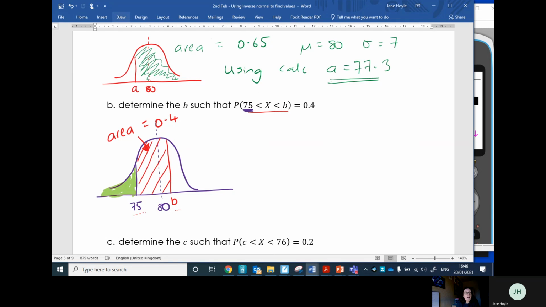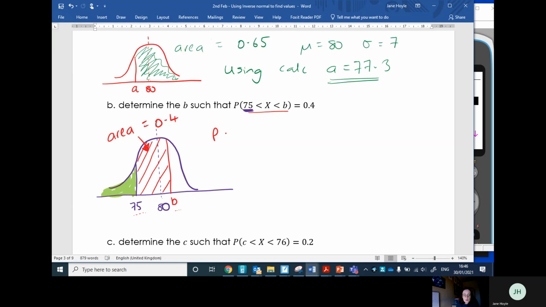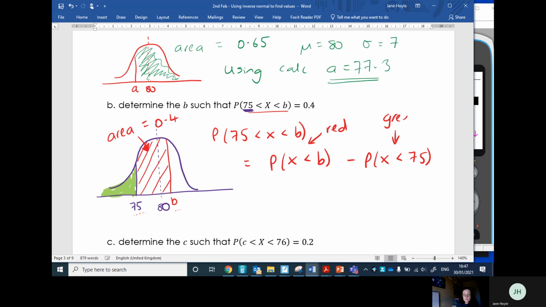So the probability that we want, between 75 and B, is equal to the probability of everything less than B, which is red plus green, minus the probability of X is less than 75. That is the red bit, and this here is the green bit.